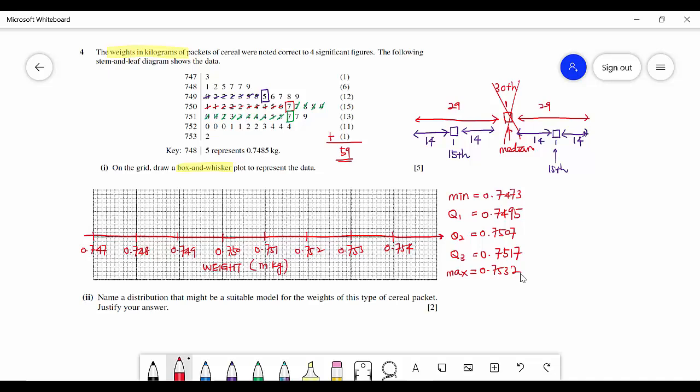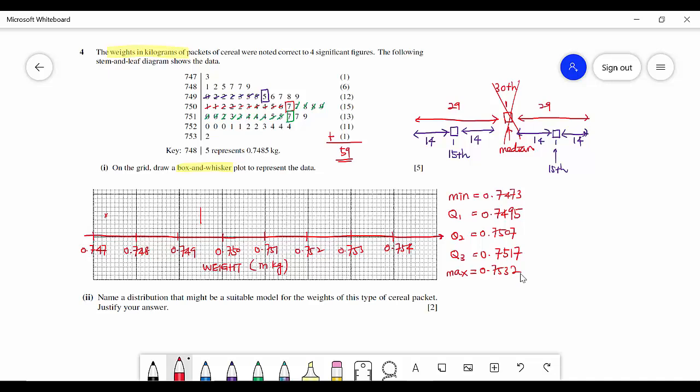All right, so now the minimum value will be 7473. Okay, so 7473 will be maybe this one, will be here. All right, and after that Q1. So Q1 is 7495. So 7495, I think it should be this line.